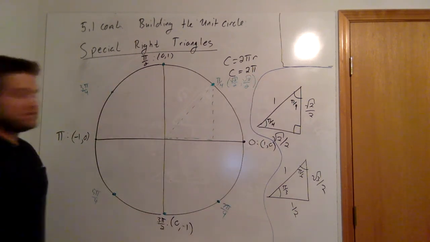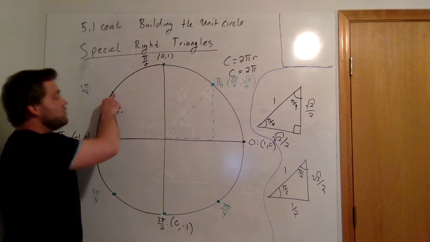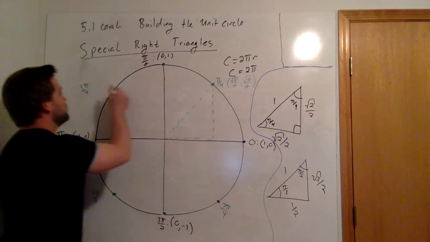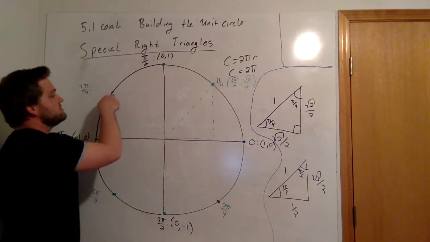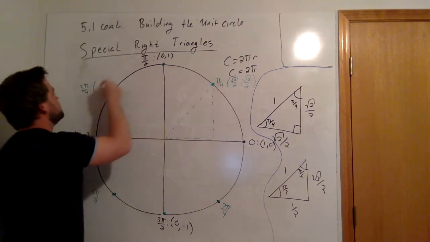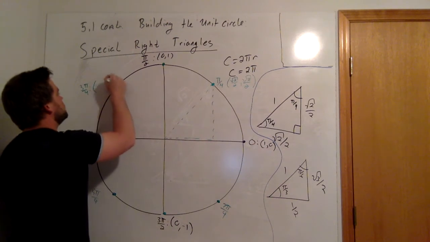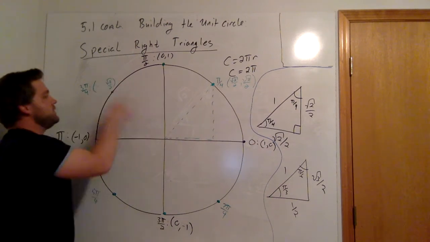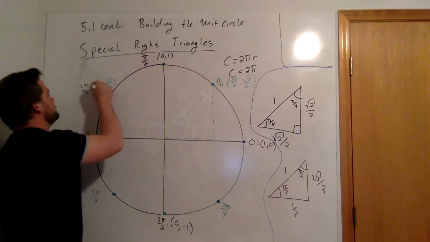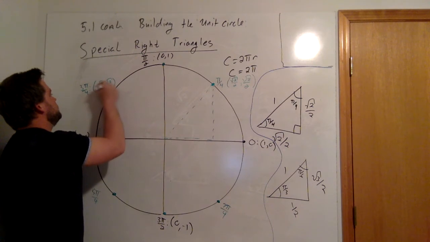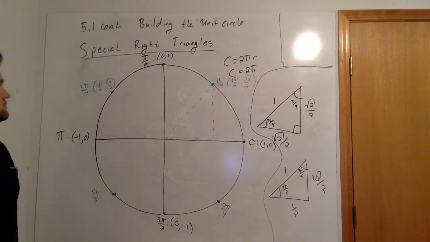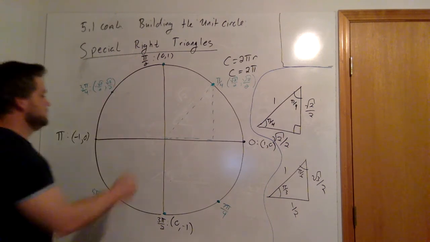Now, if we're thinking about symmetry, we could actually think about what this coordinate here would have to be. Notice that this coordinate here has the same exact y coordinate, but now its x coordinate will be negative. So negative root 2 over 2. Okay.